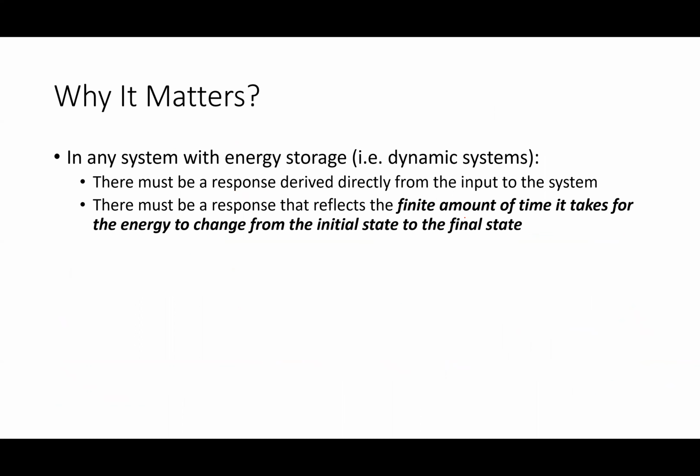Anytime I try to use the system, there's going to be a response that comes from the fact that it takes a finite amount of time for the energy to change from an initial state to a final state, right? On that car, I can't instantaneously change the speed from 0 to 60. It just can't happen, right? Get into a Tesla, it'll happen pretty fast, but not instantaneously. It always takes a finite amount of time because you can't change energy in 0 time.